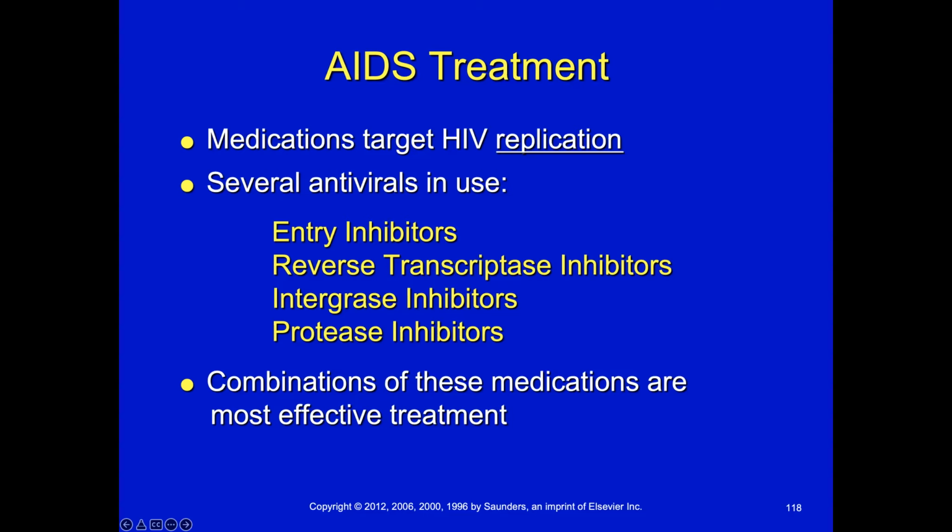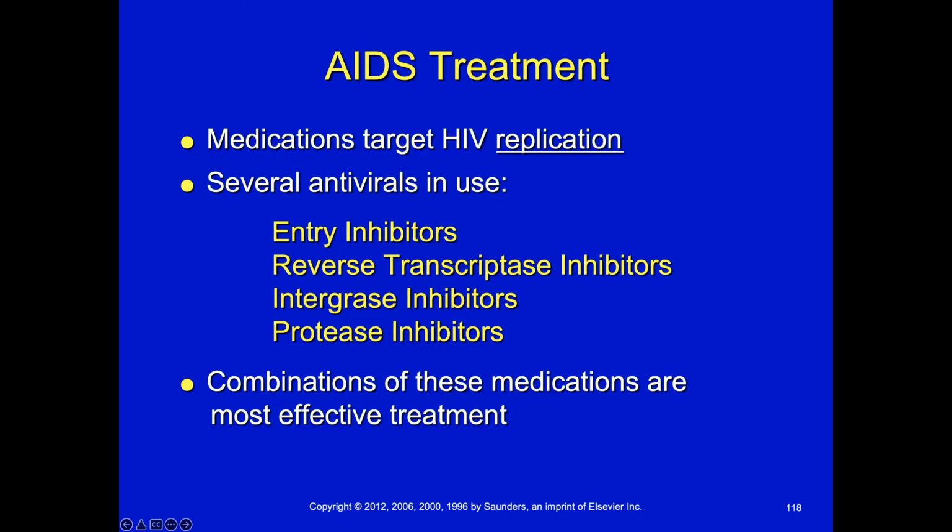So what was discovered was that just taking one of these is not going to be effective enough. So they have developed what are called medication cocktails, where they combine different ones of these into one dose that's then taken.